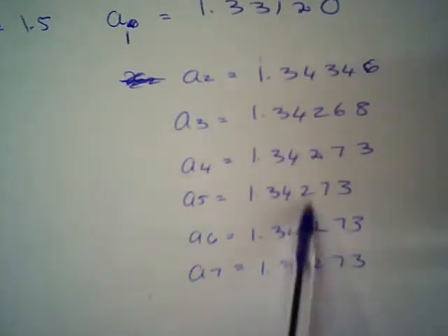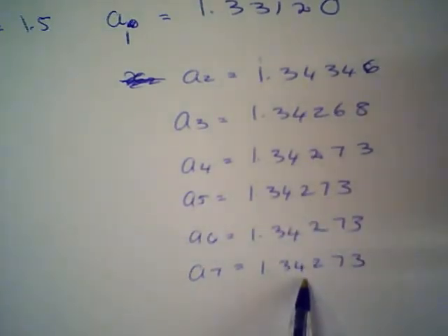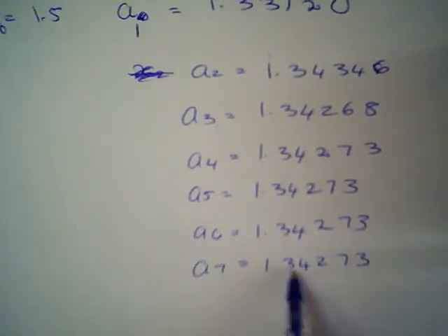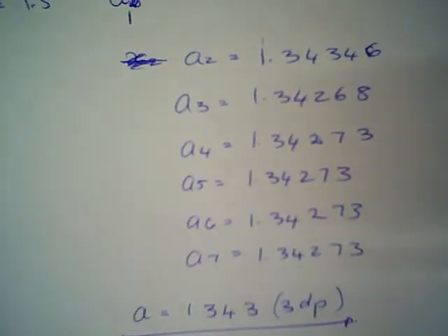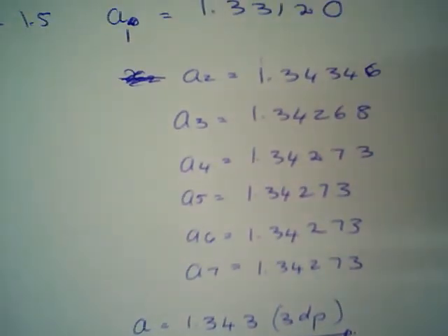It didn't change for the last 3 values, so correct to 3 decimal places, as they asked us. Yes, to find the value of a correct to 3 decimal places, 1, 2, 3. So my a value would be 1.343, correct to 3 decimal places.